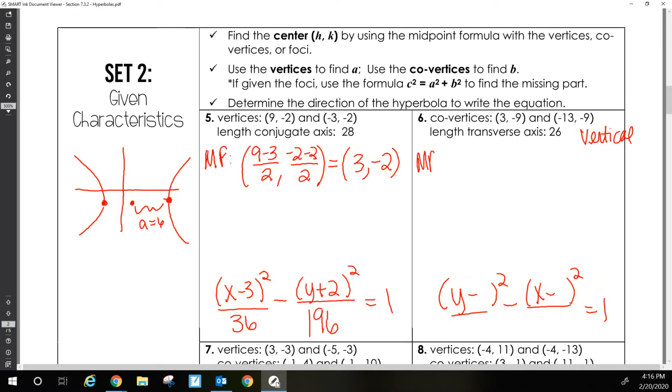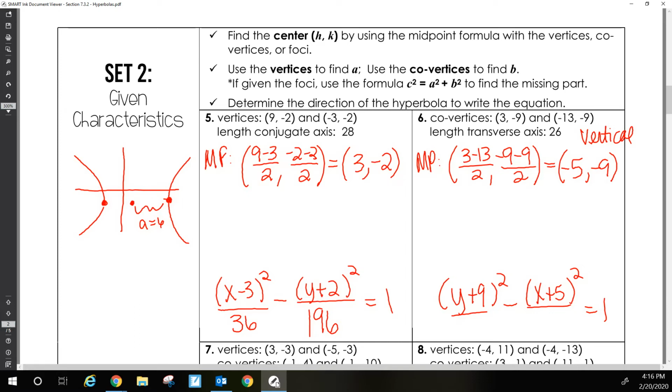So we use the midpoint formula. 3 minus 13 divided by 2, negative 9 minus 9 divided by 2. Remember, you're adding these guys. We're not changing any signs here, right? 3 minus 13 would be negative 10, divided by 2 is negative 5. Negative 9 minus 9 is negative 18, divided by 2 is negative 9. So we're going to have y minus a negative 9, x minus a negative 5.